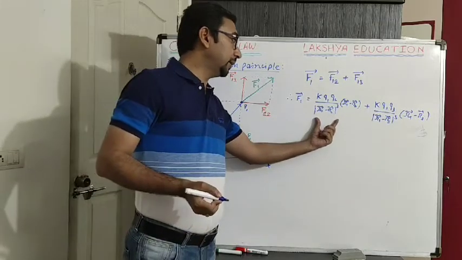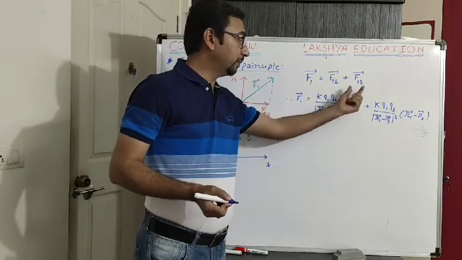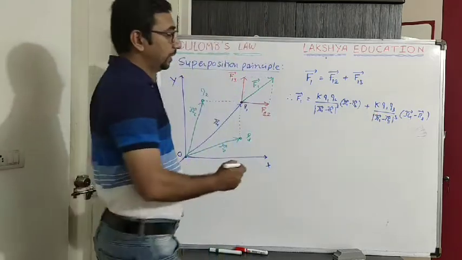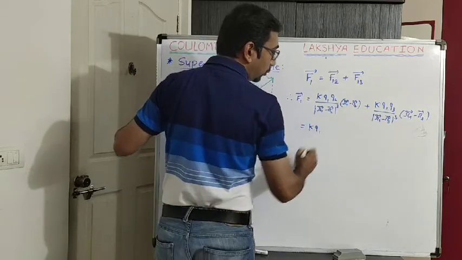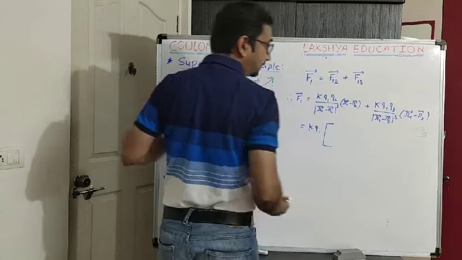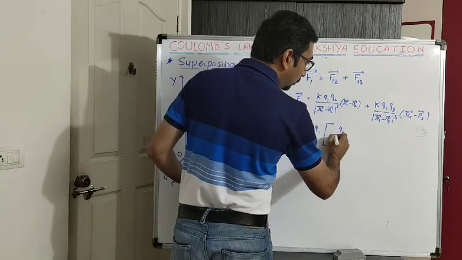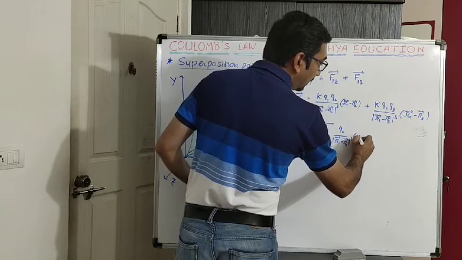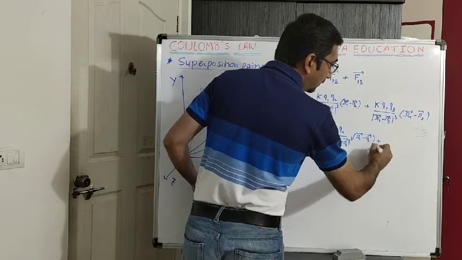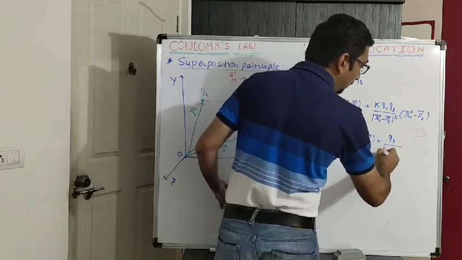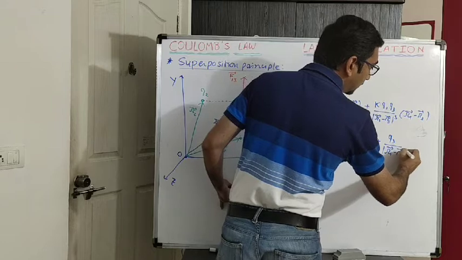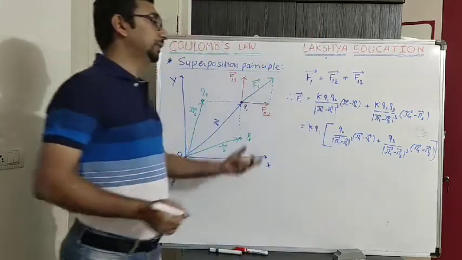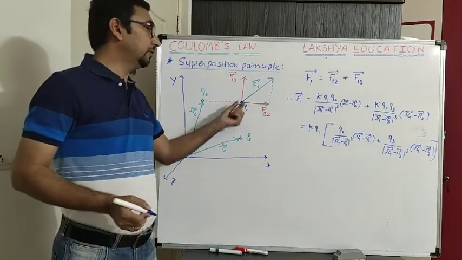So this is the force exerted on the first charge by the second charge in vector form, and this one is the force exerted by the third charge on the first charge. Here K Q1 we can take common, then Q2 upon |R1 minus R2| cube times (R1 minus R2) plus Q3 upon |R1 minus R3| cube times (R1 minus R3). So this is our resultant force which is acting on the first charge.